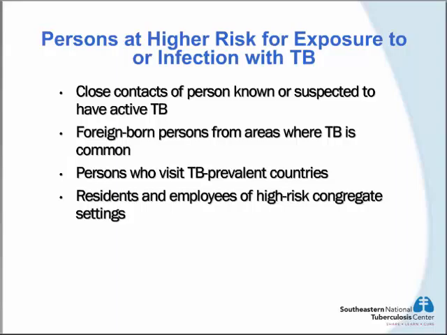These include close contacts of persons known or suspected to have active TB, foreign-born persons from areas where TB is common, or persons that visit those countries, the residents and employees of high-risk congregate settings, and these include nursing homes, jails, and prisons.